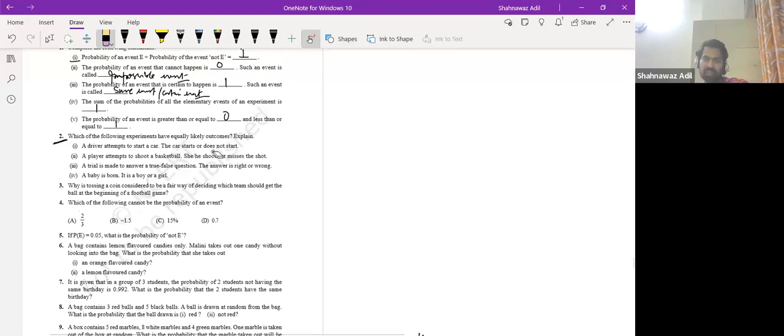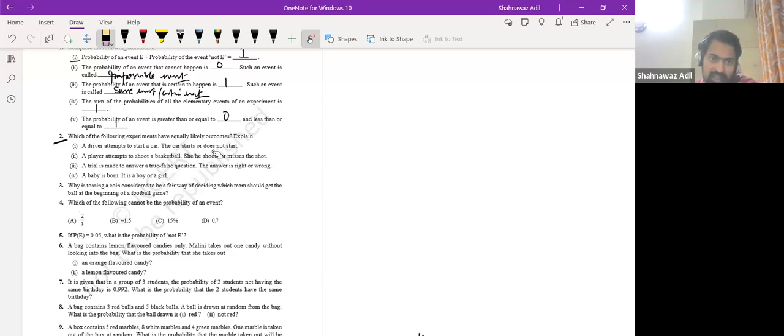It can start or it may not start, right? Because two things can happen. If let's say there is some problem with the car, then it will not start. Now, if all the things are okay, then it will start. Sir, isn't there a higher chance for the car to start?